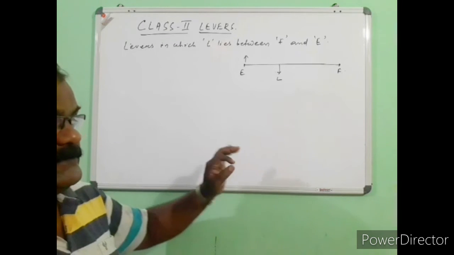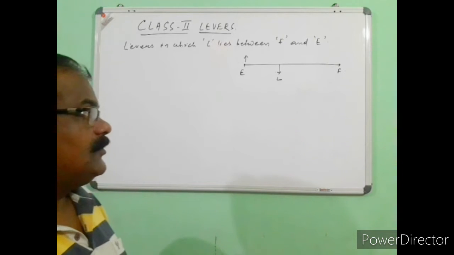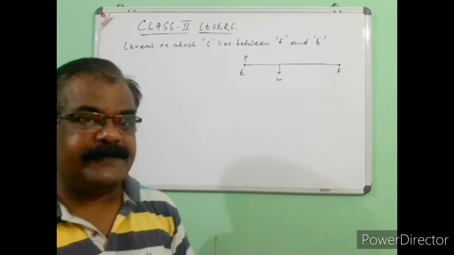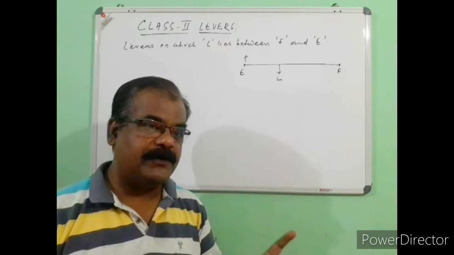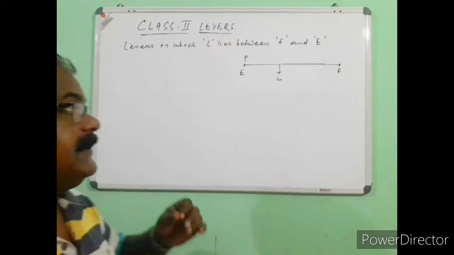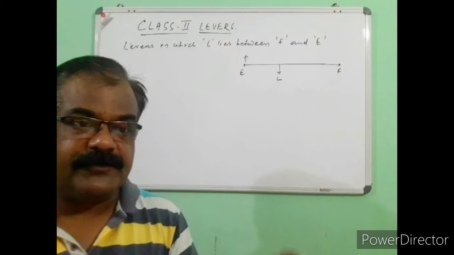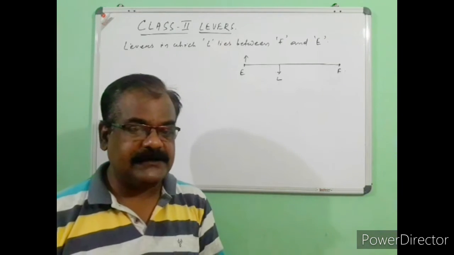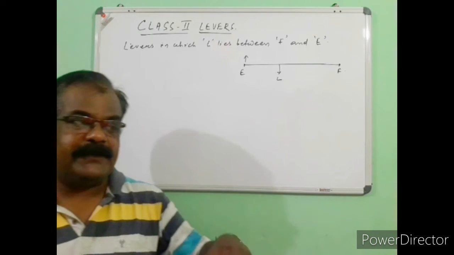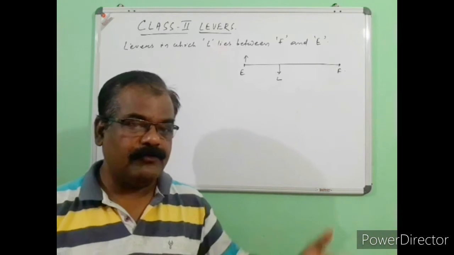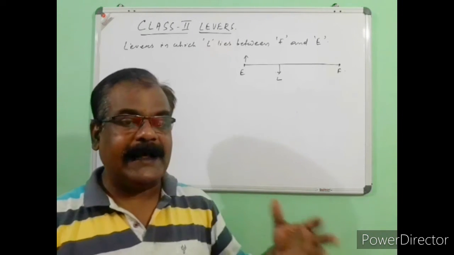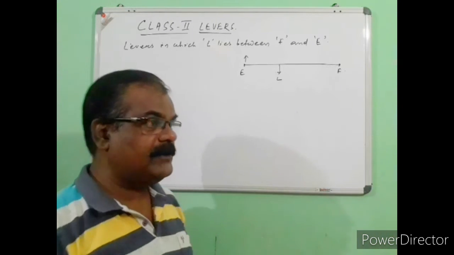So in such cases a particular machine cannot be used for different purposes. For example, a pair of scissors cannot be used for cutting a wooden log, or an axe cannot be used for cutting cloth.